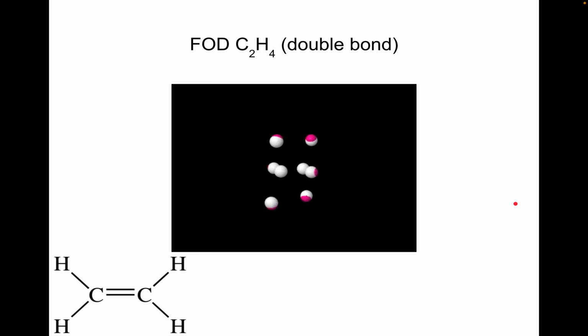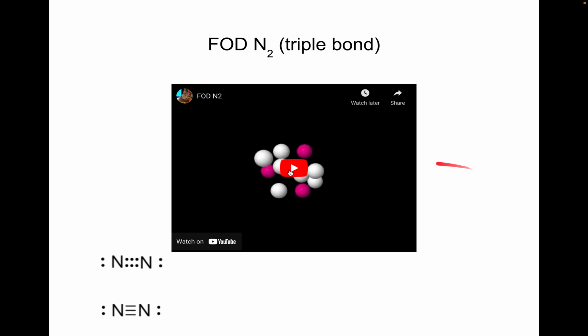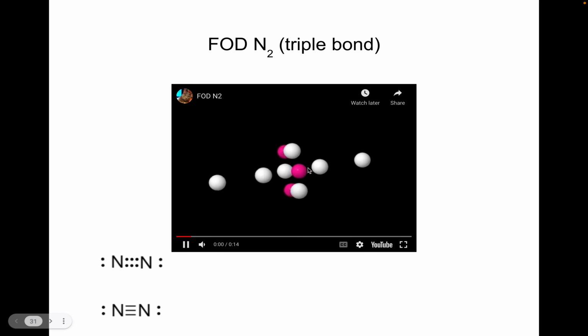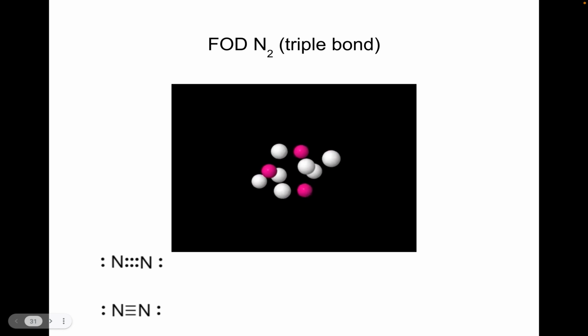And the final example is the nitrogen dimer. Again, here you can see 3 up FODs between the nitrogen atoms, and another 3 triangle-shaped FODs for the down FODs. And this represents the triple bond for the nitrogen dimer.